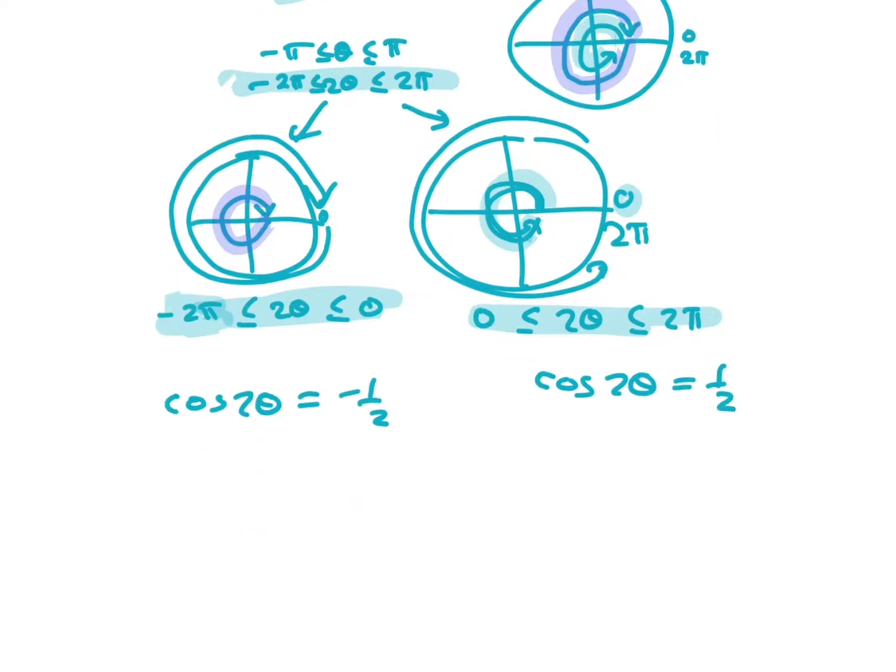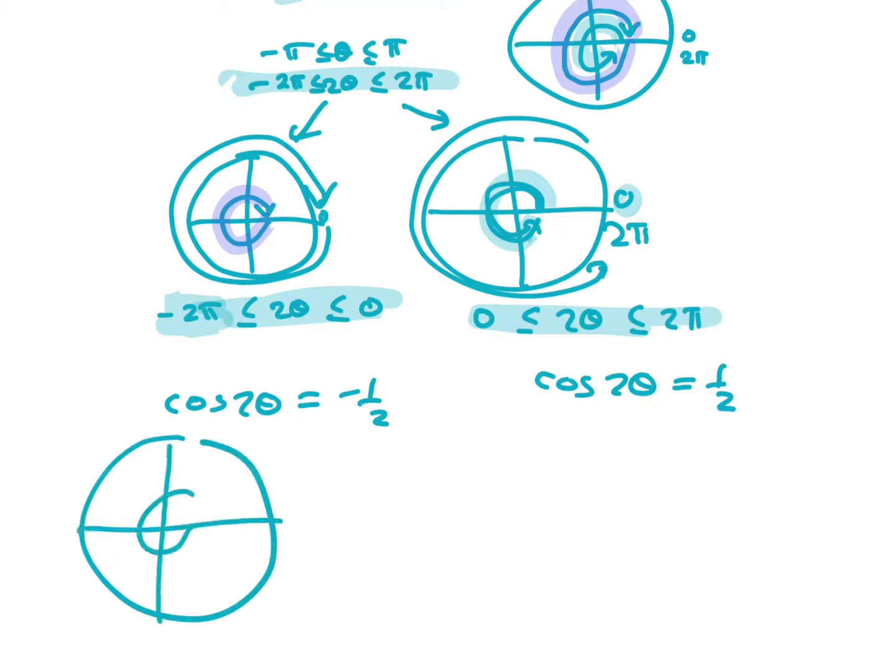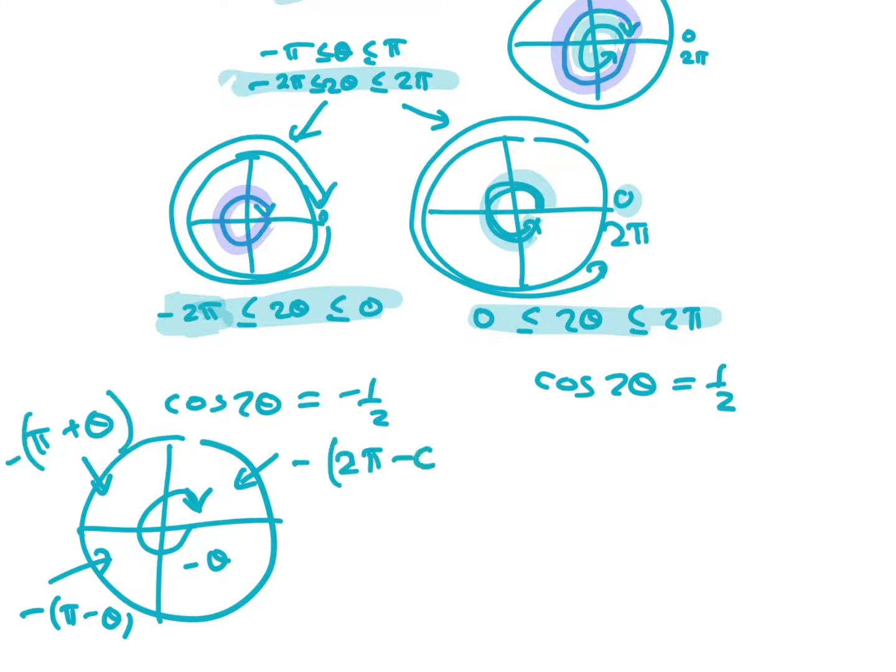When you solve this one here, you're going around that way. So you're going minus theta, then minus pi plus theta, minus pi minus theta, and so on, all negative.